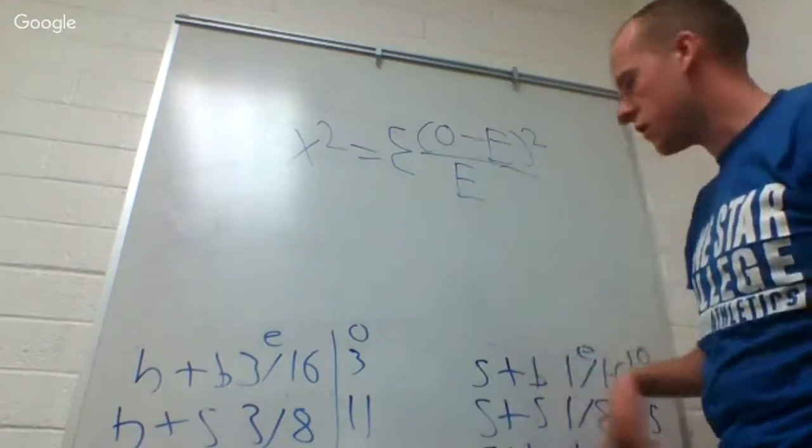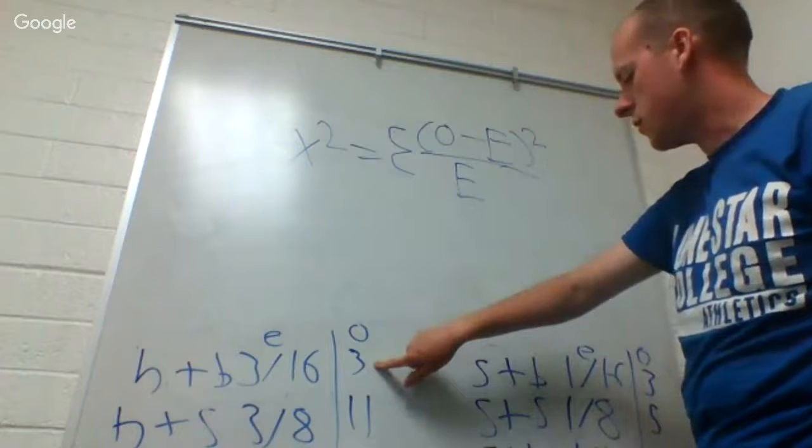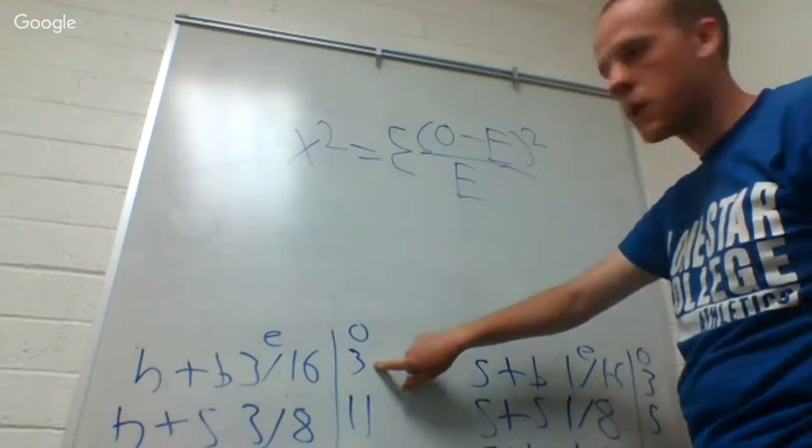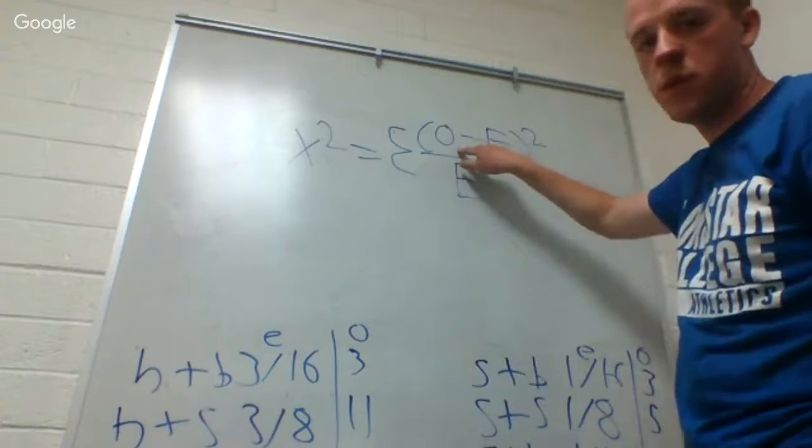What you do is you take your observed value, which is 3, and plug it in for observed.